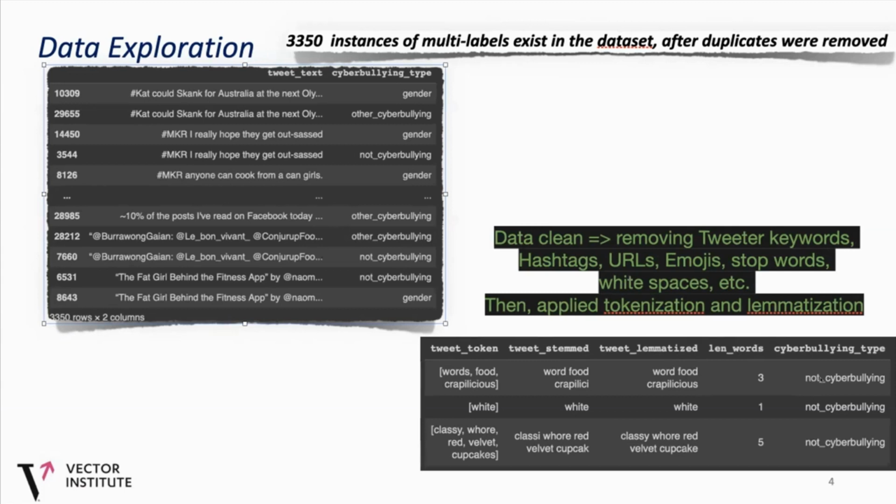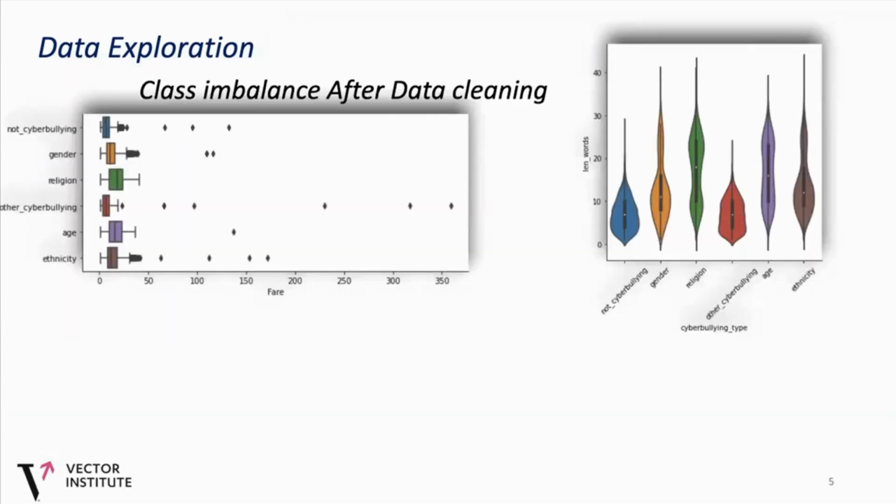After applying the cleansing, we prepare our text, removing the stop words, as I said earlier. We are now ready for tokenization and embeddings. If we go further, we realize that the data set was still unbalanced across all six classes, and I tried to visualize it using a box plot on my left.